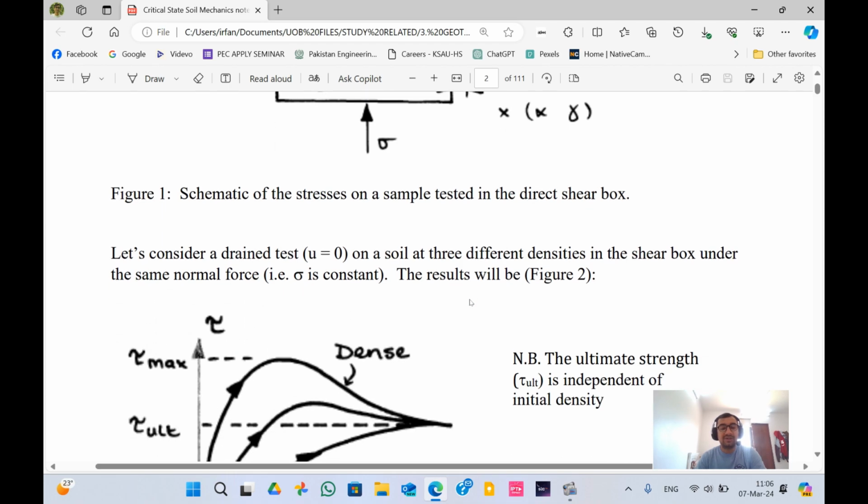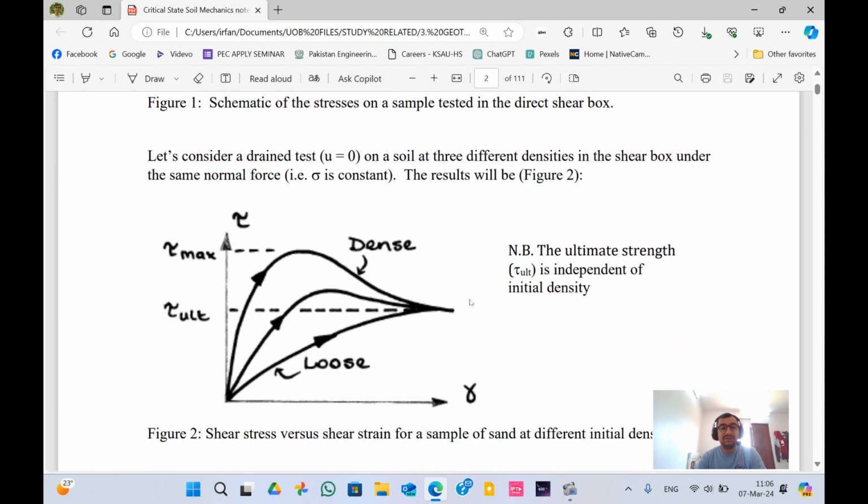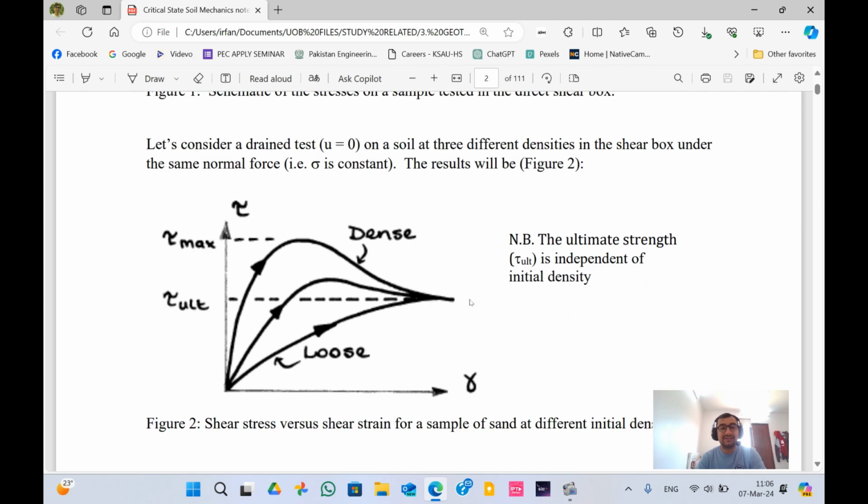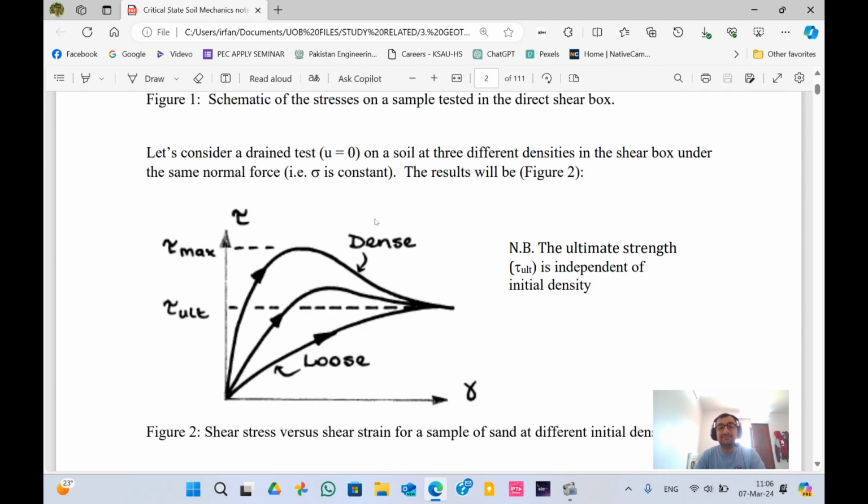Now let us consider an example of a drained test. Keep in mind that we have a drained test. A drained test means the water is allowed to drain out of the soil.